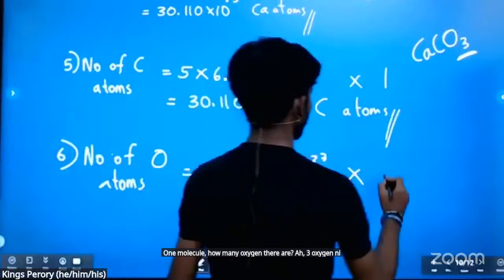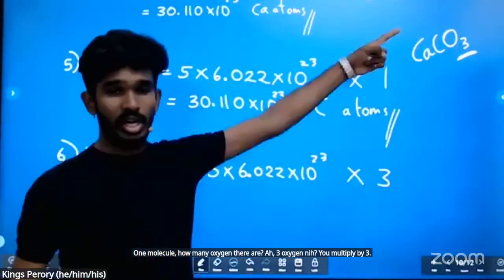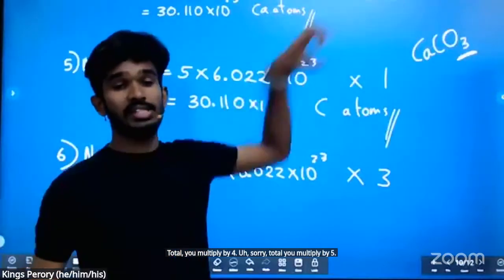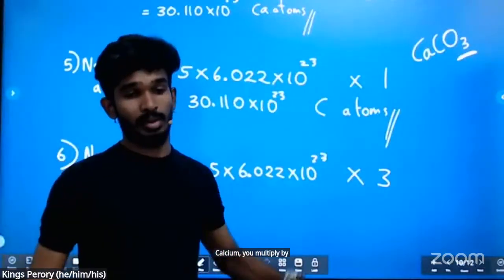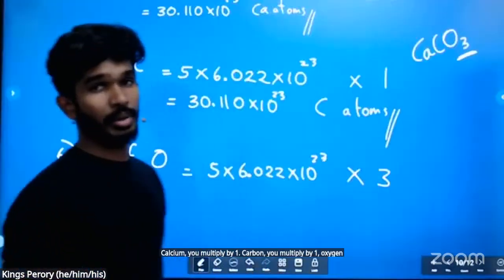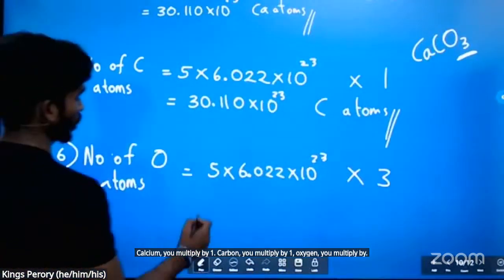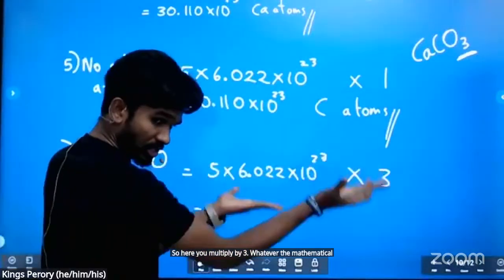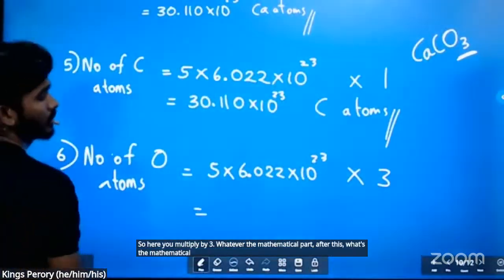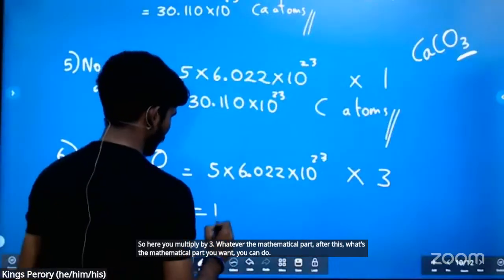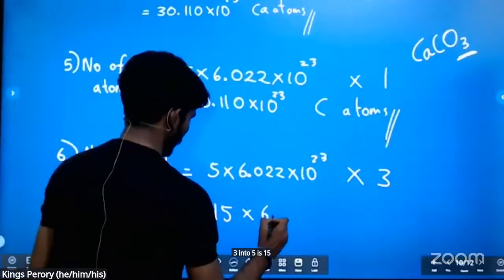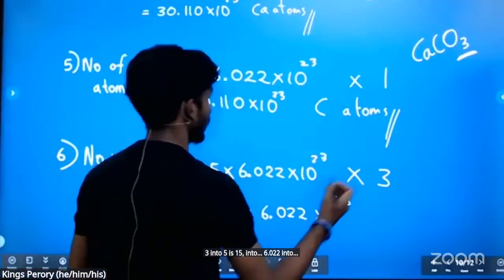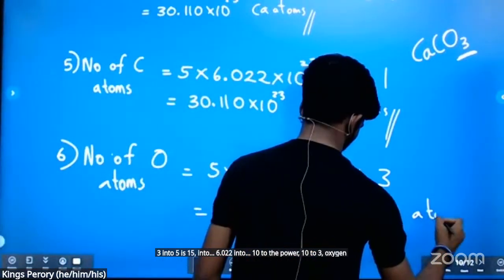You multiply by 3. Total you multiply by 5. Calcium you multiply by 1. Carbon you multiply by 1. Oxygen you multiply by 3. So here you multiply by 3. Whatever the mathematical part, after this you can do it. 3 into 5 is 15 into 6.022 into 10 to the power 23 oxygen atoms.